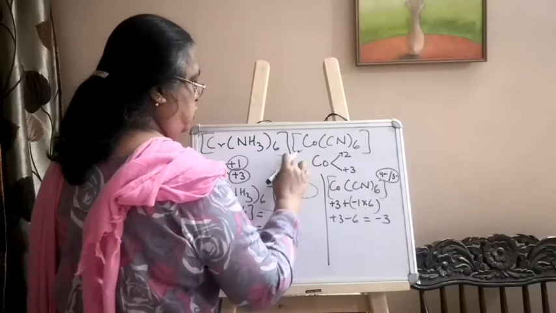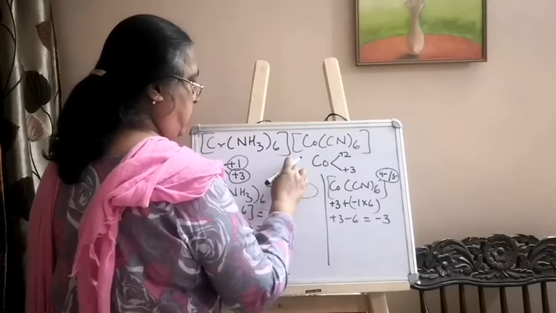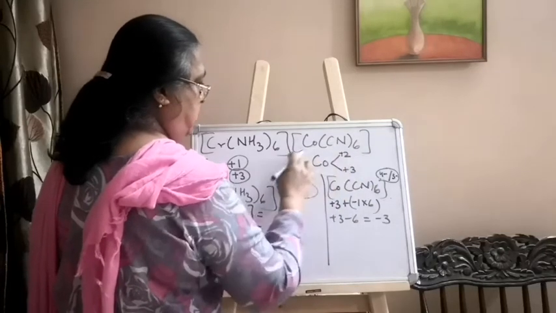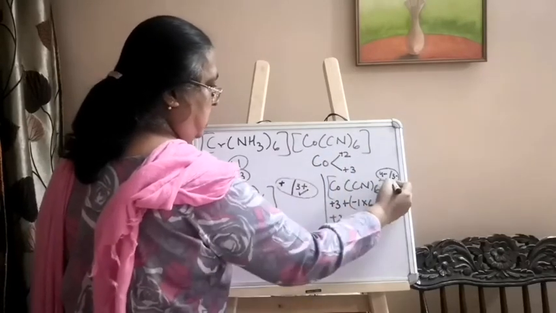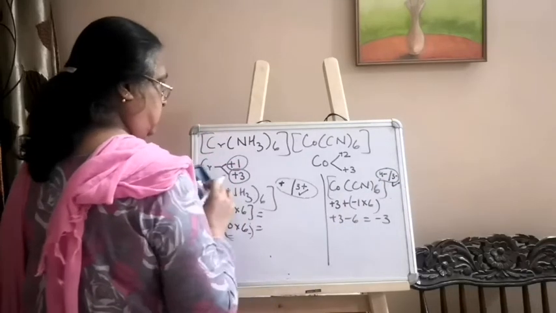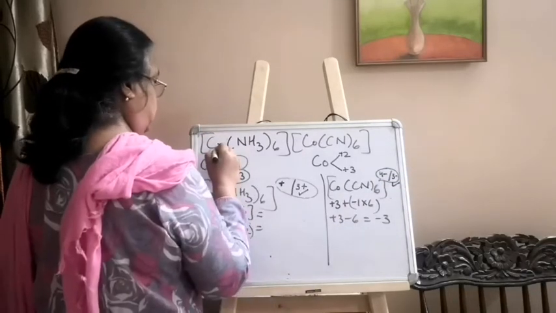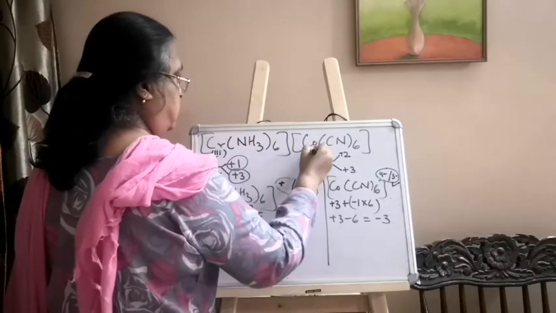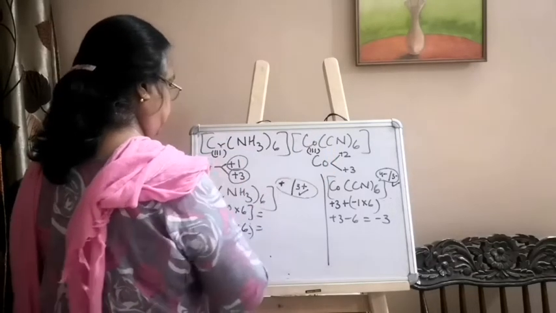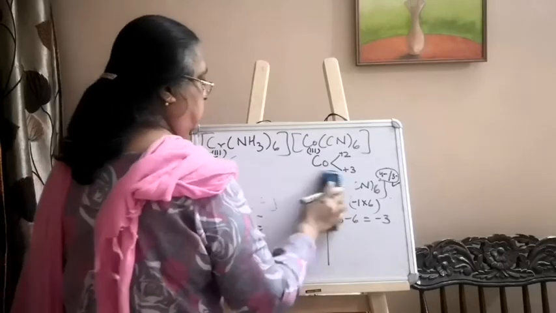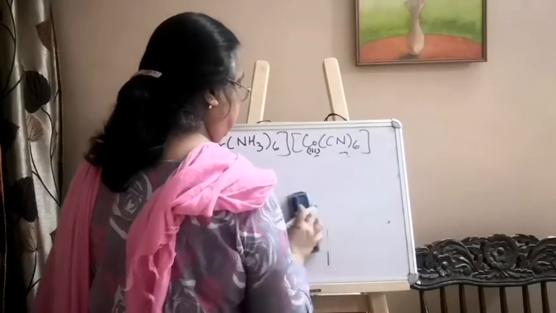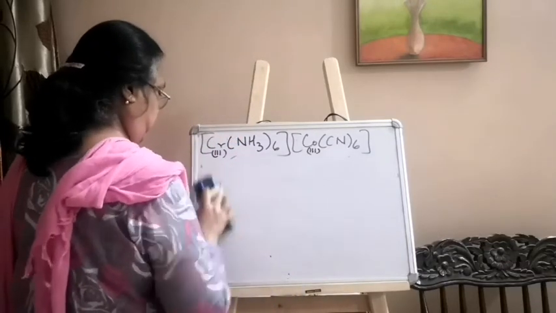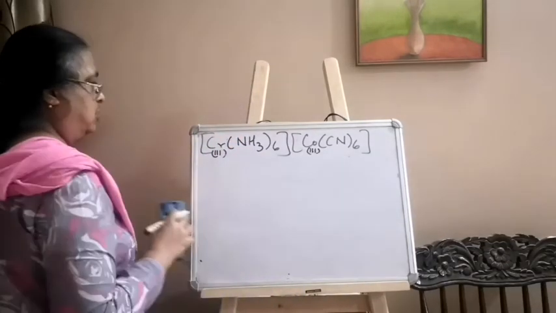If this is 4, here it should be 4. But here no number, it means both numbers are same. So +3 and 3 minus is taken. So here chromium oxidation state is 3 and cobalt oxidation state is also 3. So you have calculated. I hope this is clear. You can again and again see this video and you can know the process.